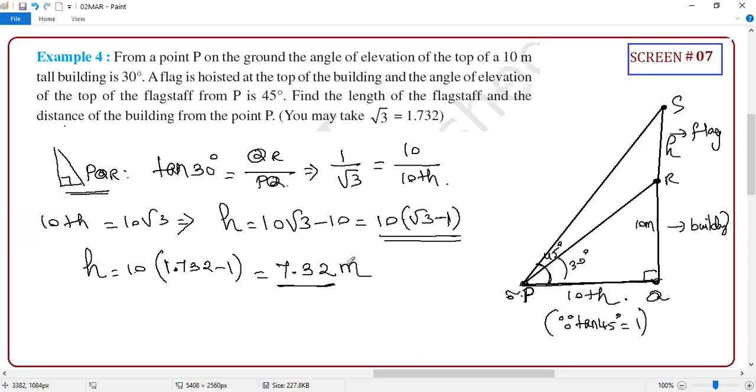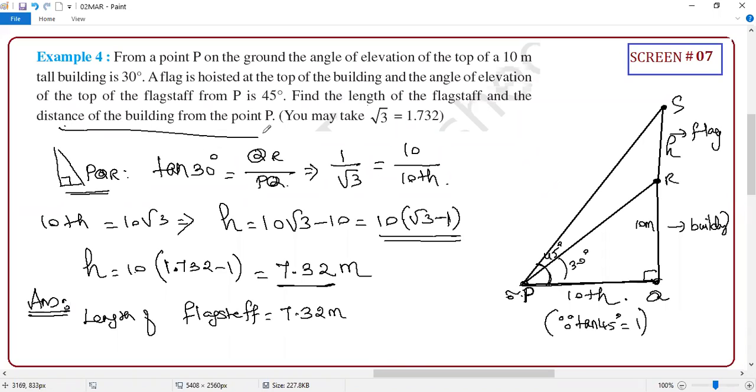So this is your height of the flagstone. Now they are asking what? Also distance between this. So which means also 10 plus h. So 17.32. You don't want to say explicitly, directly, straight away write the answer. Length of this flagstone is 7.32 meter.